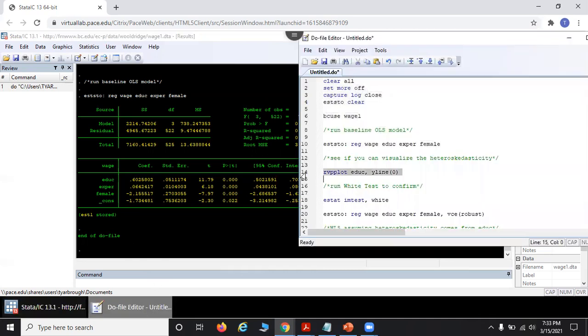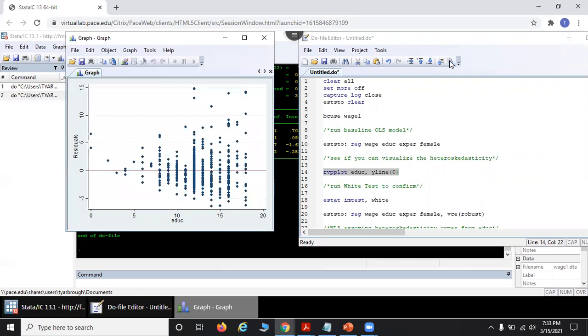The first thing we can do is run an RVP plot, which will help us visualize whether we have a heteroskedasticity problem. In this particular RVP plot, we are going to check for heteroskedasticity with respect to education. We're just going to run this section, and it produces a graphic.